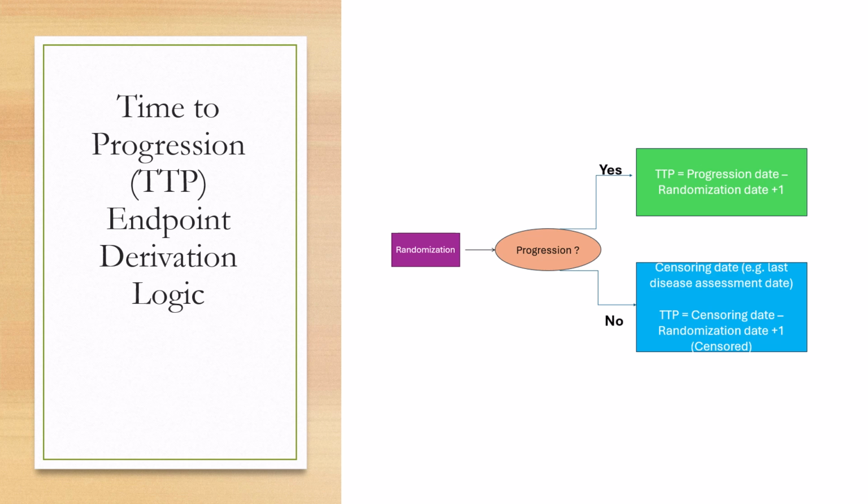The end date for TTP is defined by the first occurrence of disease progression, which is the PD. Note, if the patient dies before progression is recorded, the time to progression is considered censored at the time of death. If the patient is lost to follow-up before progression, that event is also censored.